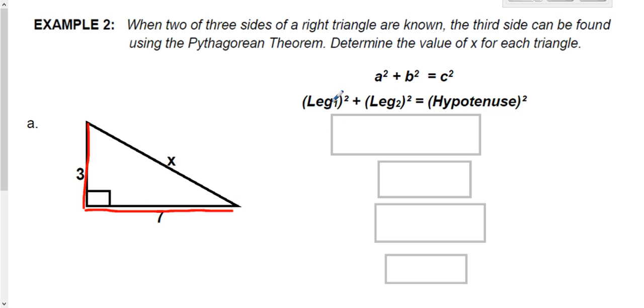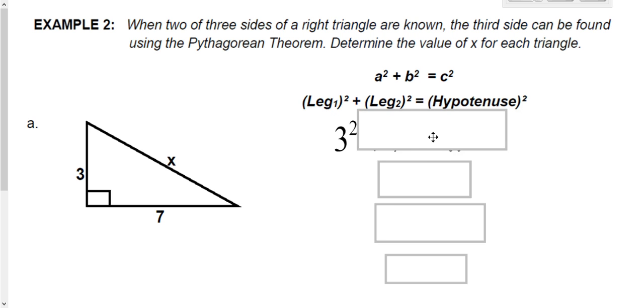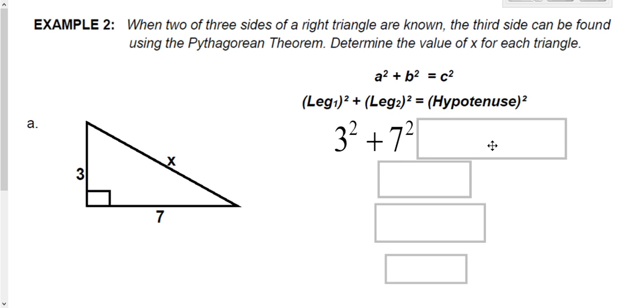Okay, they're the two that go over here together. The hypotenuse is all alone in this formula, the c squared part. So to set up this formula, it says take one of the legs to the second power plus the other leg to the second power, its length, which is 7 in this picture, will equal the hypotenuse, which is x, raised to the second power.